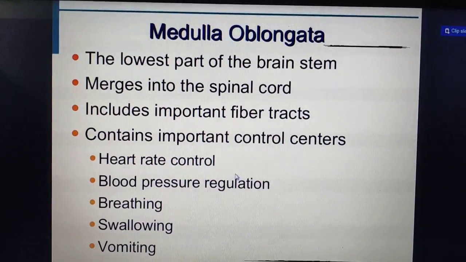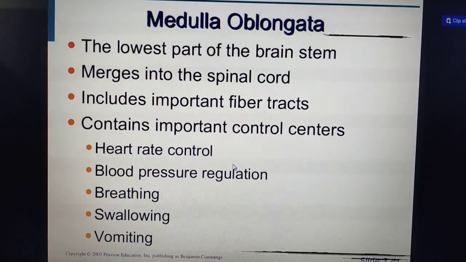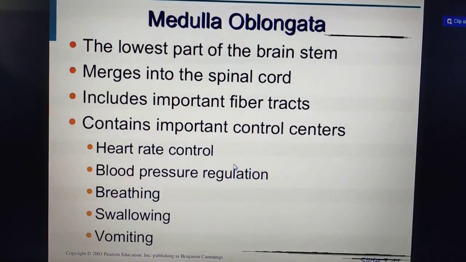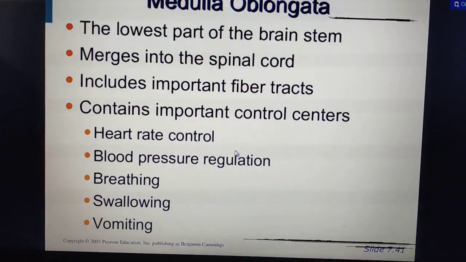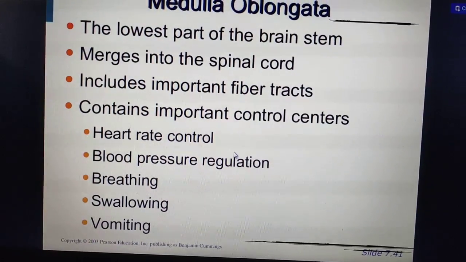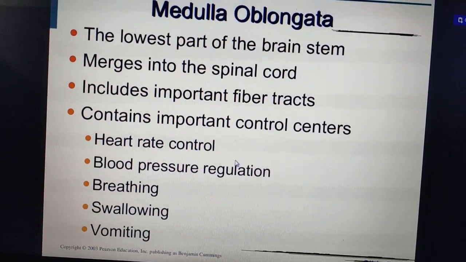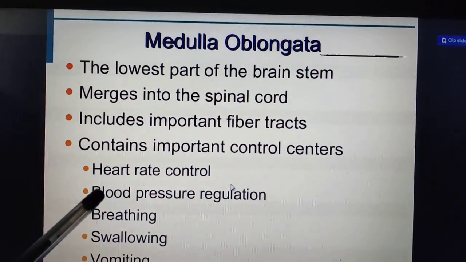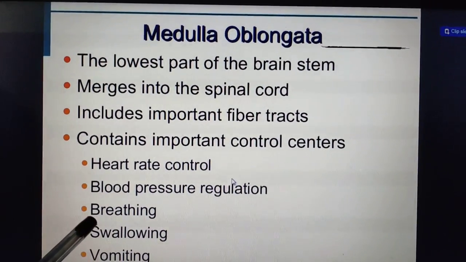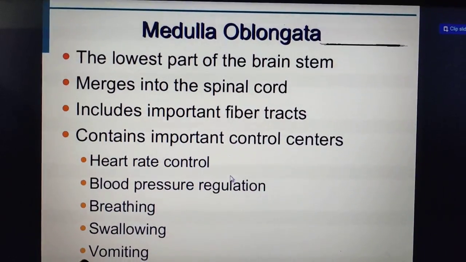Now we'll see the medulla oblongata. This is the lowest part of the brainstem. It merges into the spinal cord and includes important fiber tracts. What are the important functions? Important control centers: heart rate control, blood pressure regulation, breathing, swallowing, and vomiting.